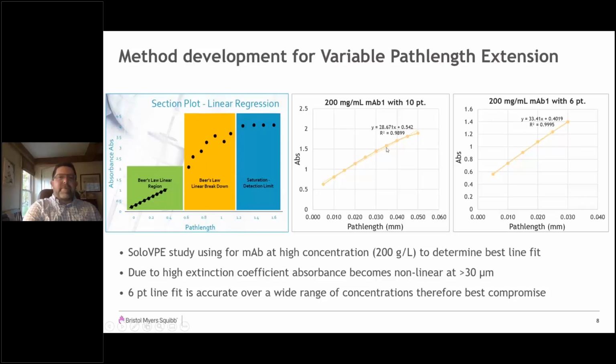So the best thing to do was to cut off the number of points at 6. Six points is accurate over a wide range of concentrations, and therefore it's the best compromise. At lower concentrations, it's arguable that a 10-point fit would be more accurate, but we've found that 6 points works for all molecules.